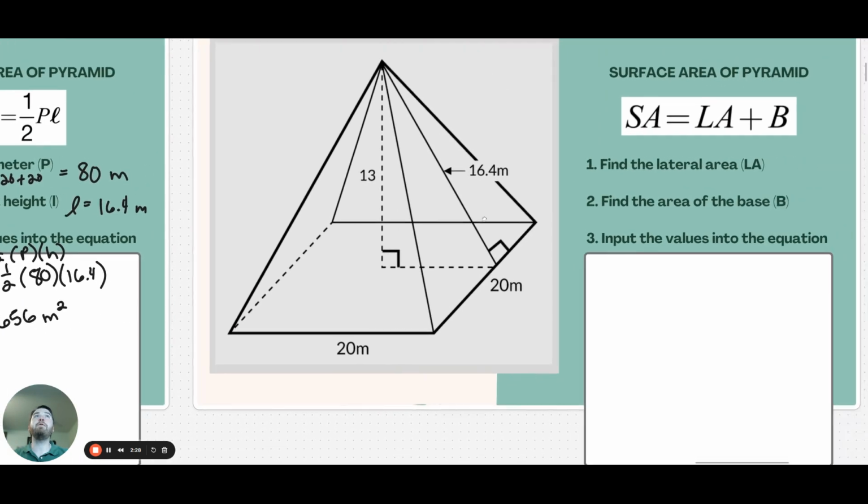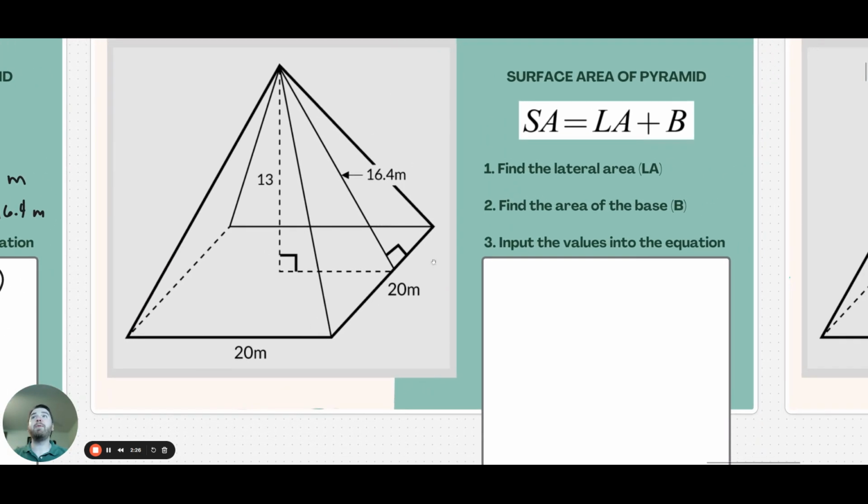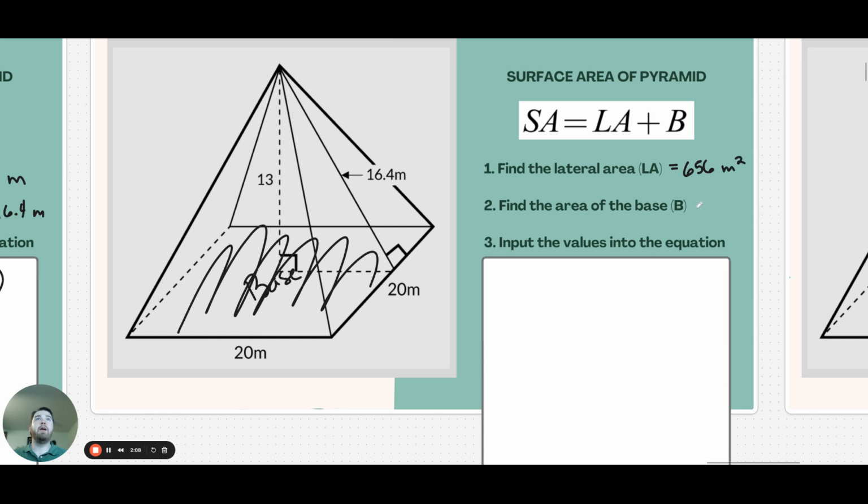So that's what you have for the lateral area of a pyramid. Now, if I want to find the surface area, it's going to be very similar, but now all I have to do is take the area of this base. And so all I'm going to do is take this area here and add it with my lateral area. So first things first, find the lateral area. Well, I just did. It's 656 square meters. And then the area of the base is just a square, so it's just going to be length times width, or side times side.